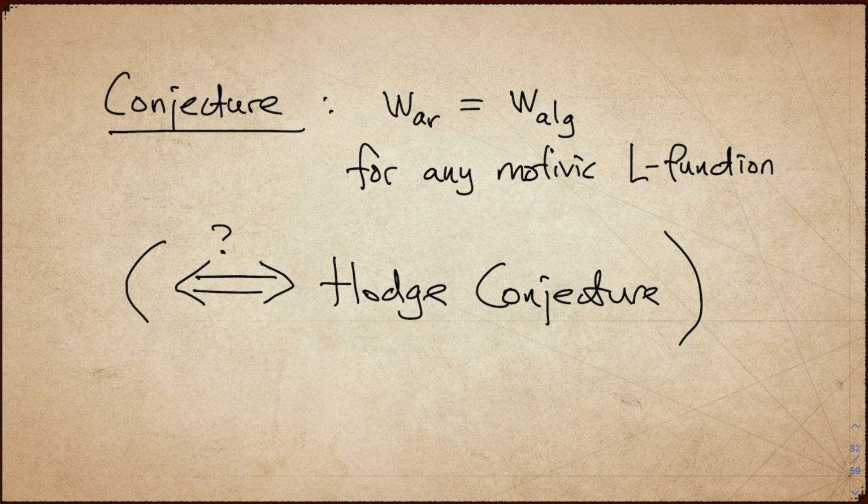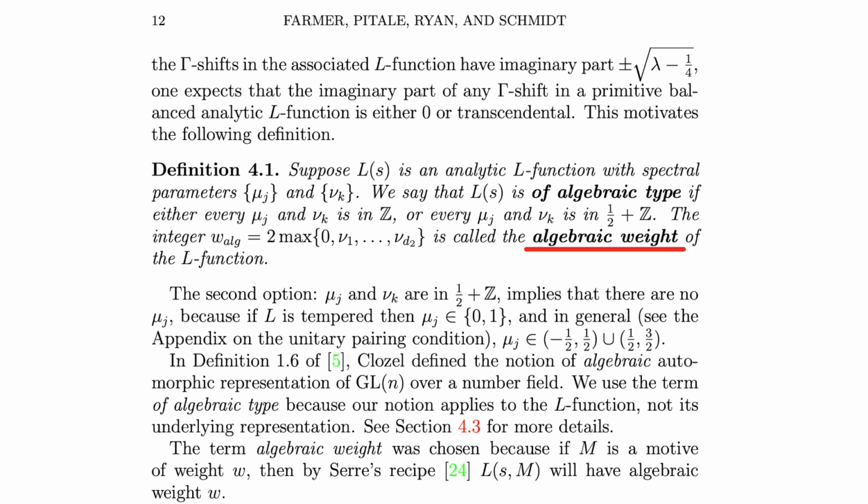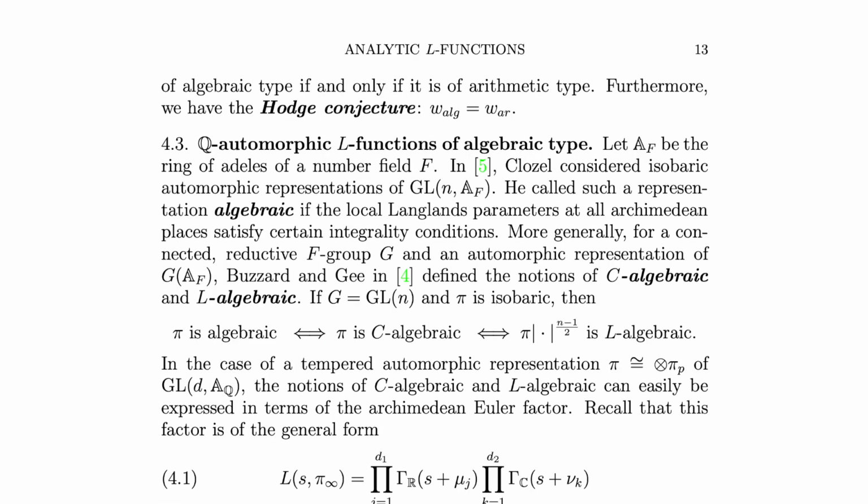The reason I'm saying it should be true is that if we go back to that article of Farmer, Pitale, Ryan, and Schmidt, where we found all the axioms for L functions, then on page 12, you find the definitions of the two weight invariants, and on page 13, it says, Hodge conjecture, algebraic weight equals arithmetic weight.